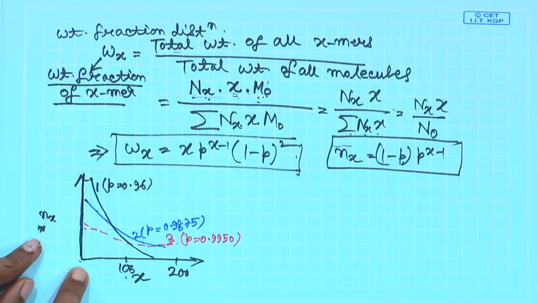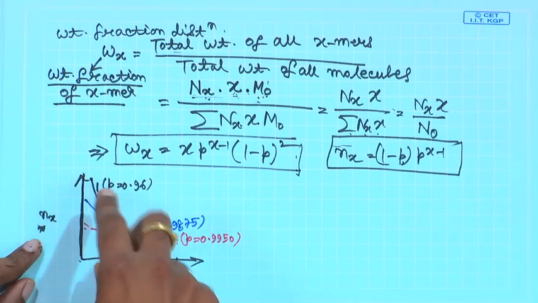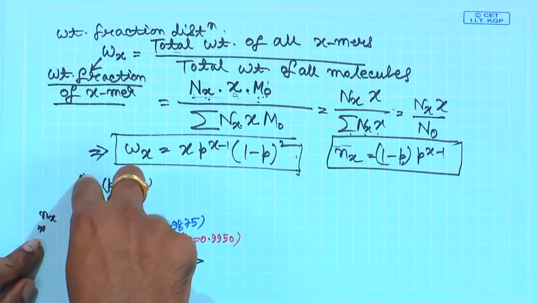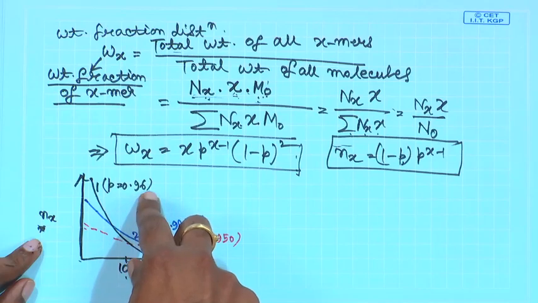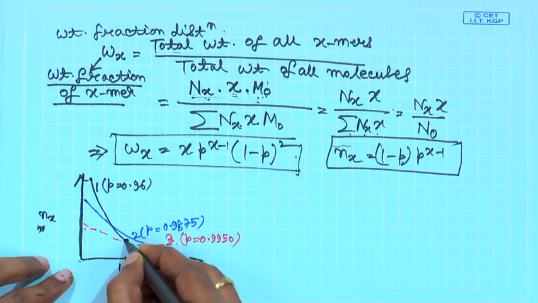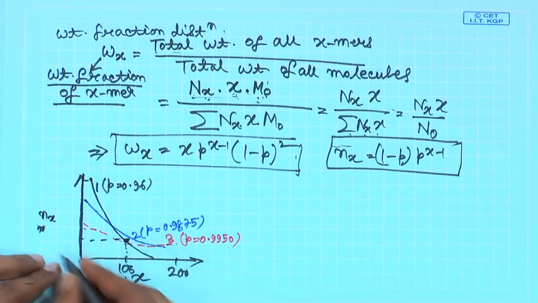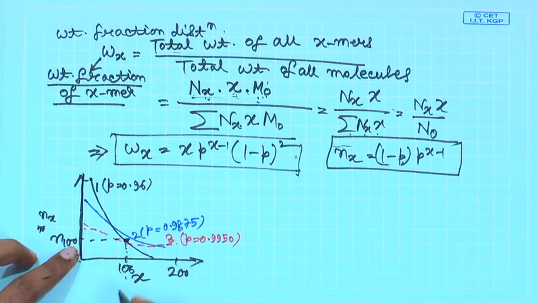X is very small, oligomers or even monomers when it is getting very close to the y axis, and this is the amount of monomer that will be present at p equals 0.96, and this is the number fraction of 100 mer, and so on.